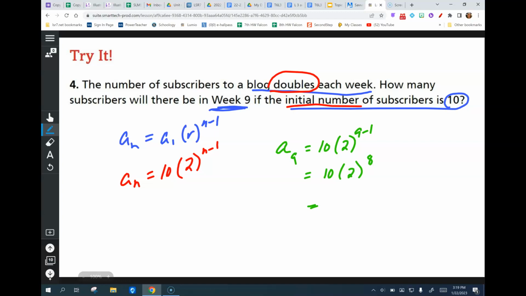And we get 2,560. So the number of subscribers doubles every week. How many subscribers will there be in 9 weeks? 2,560 subscribers.